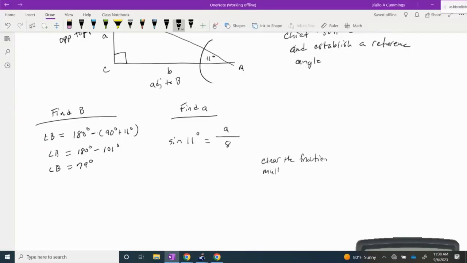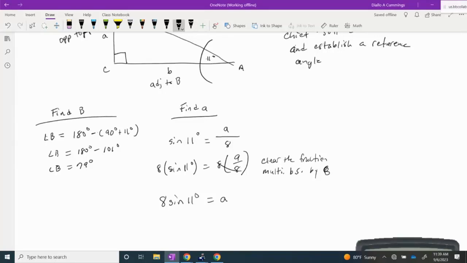I'm going to multiply the left-hand side by 8 and the right-hand side by 8. And once I multiply the right-hand side by 8, the 8s are going to do what? Cancel. So 8 times the sine of 11 degrees is equal to A.